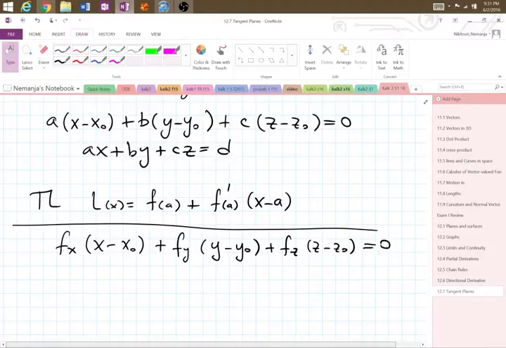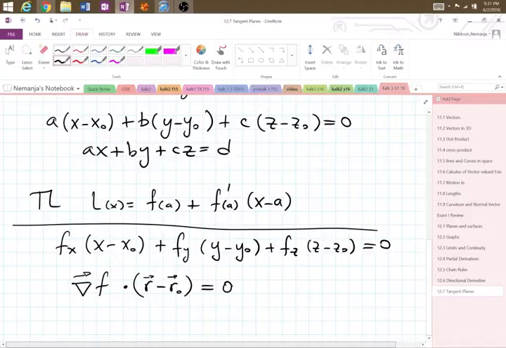To write this in a vector form, you have your del f computed at (a, b), and then, well, let's just call it del F because we can keep it for 2 or 3 dimensions. So we have del F dotted with the vector R minus R0 is equal to 0. Both of these are equations for the tangent plane.